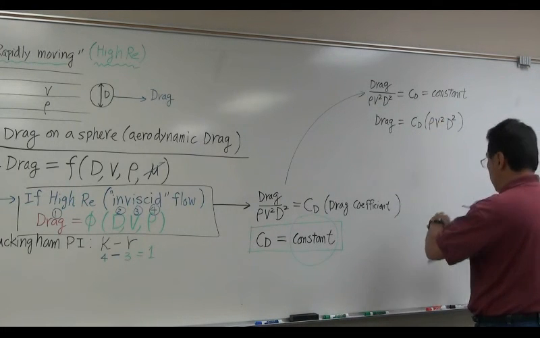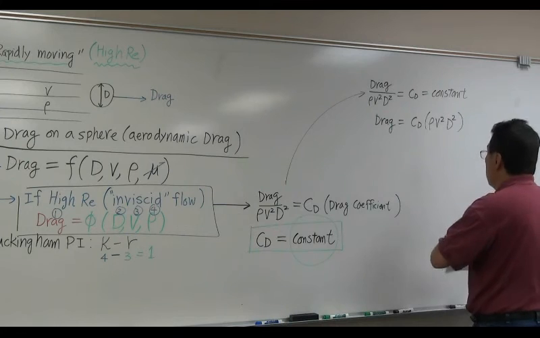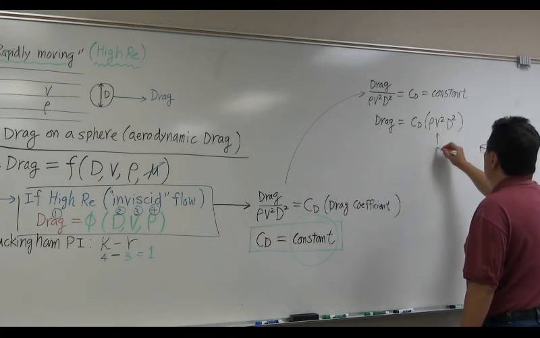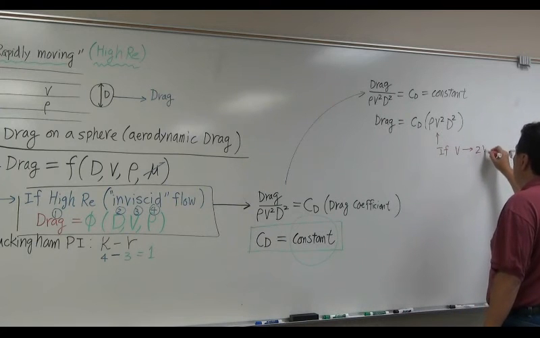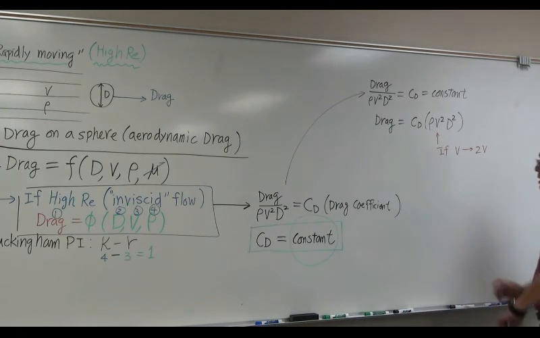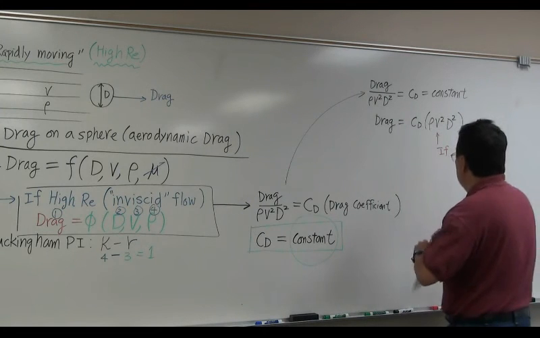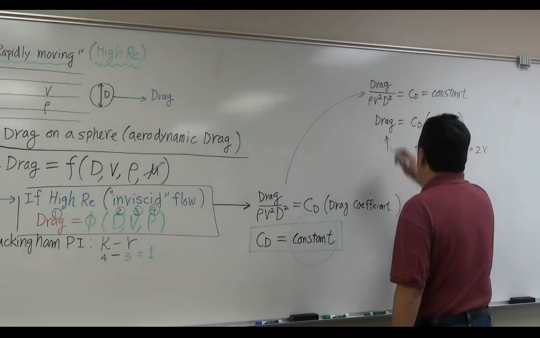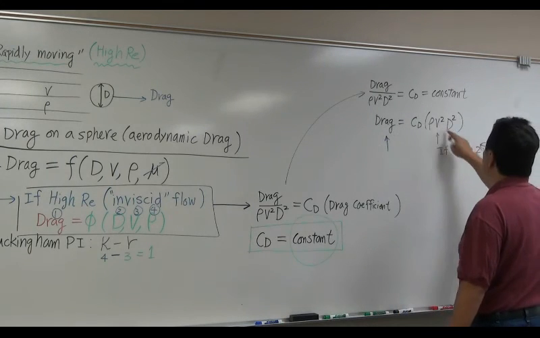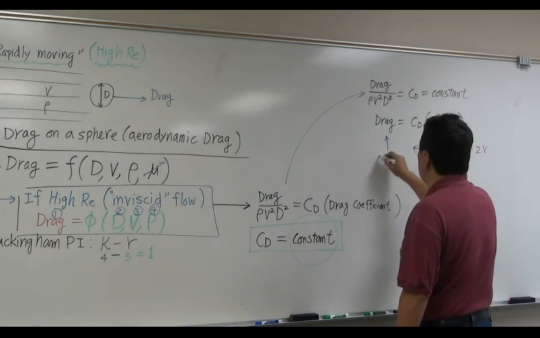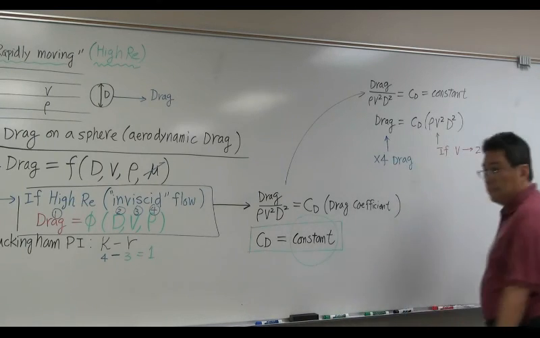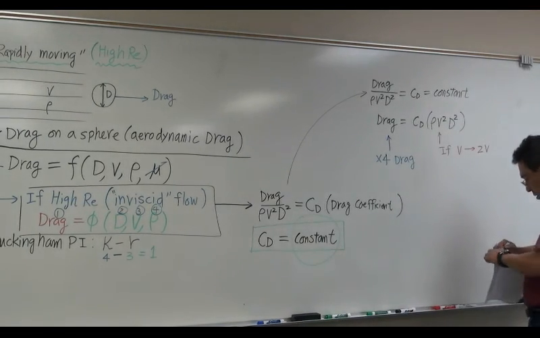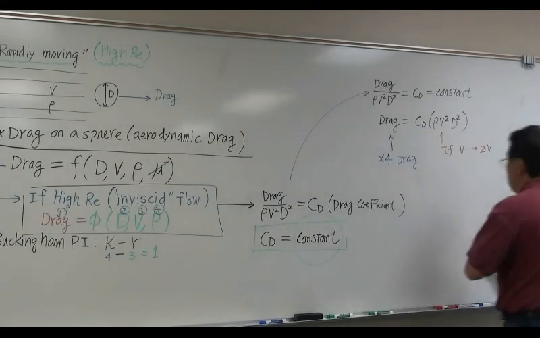Suppose the velocity V becomes 2 times V, twice as fast. What happens to drag? You can tell that. Well, if V is 2V, this is going to be 4 times the drag. Right? Because a square term comes in. So here's your conclusion.